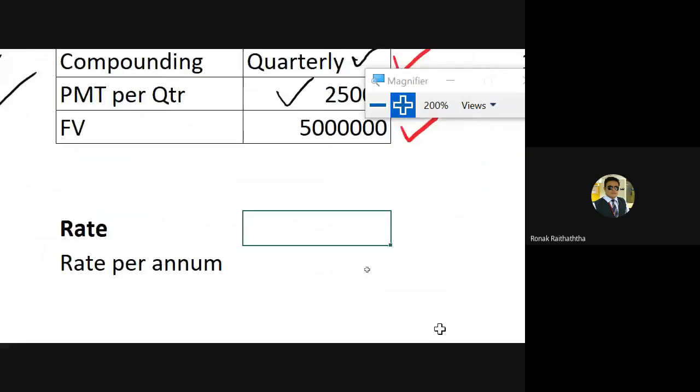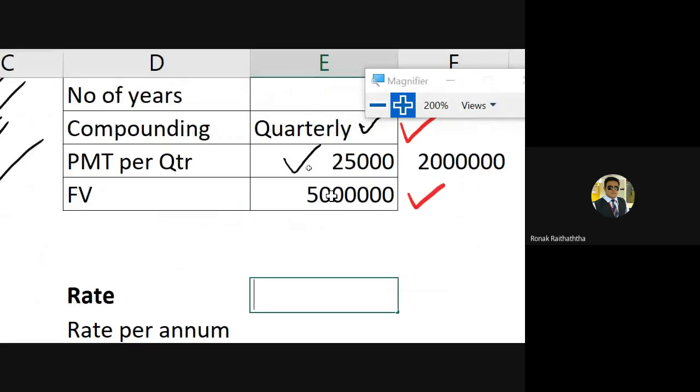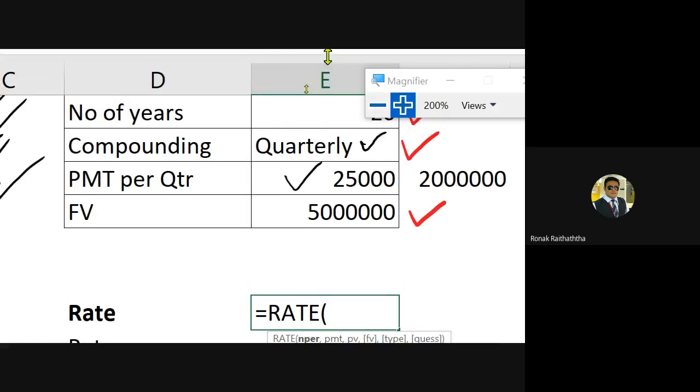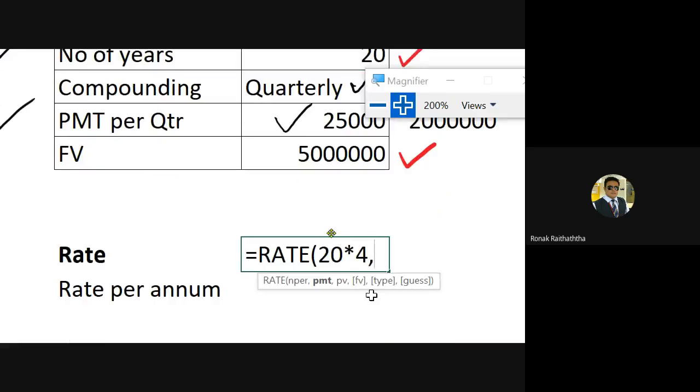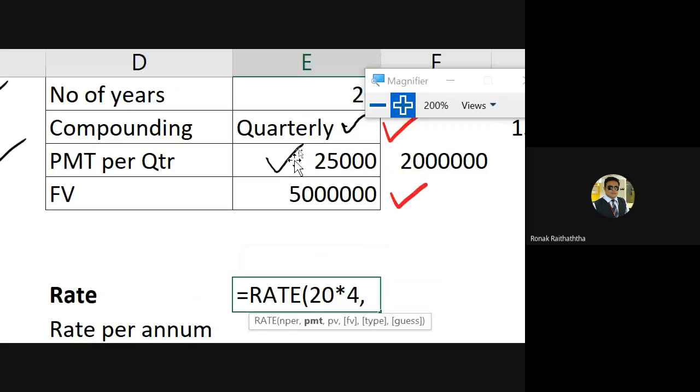बहुत टाइम लगा दिया भैया, मैं करता हूं चलो। Equal to RATE, opening the bracket, number of periods shall be 20 multiplied by 4, comma, why 4? Because in 1 year we have 4 quarters. Then PMT shall be 25,000, comma, PV is not there, putting 0.